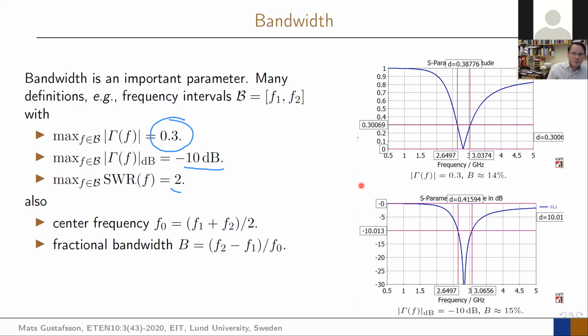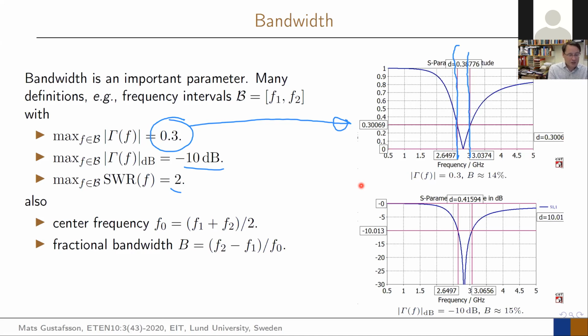You can say different numbers. If we take the 0.3, then we can see that's here. And that means that I can now take the number here where I have the cut of this. So I will have an interval where my reflection coefficient is below 0.3. That defines the bandwidth of your antenna.